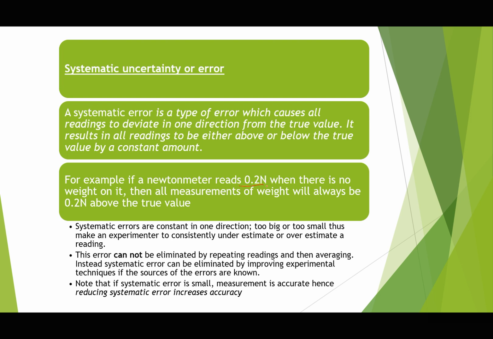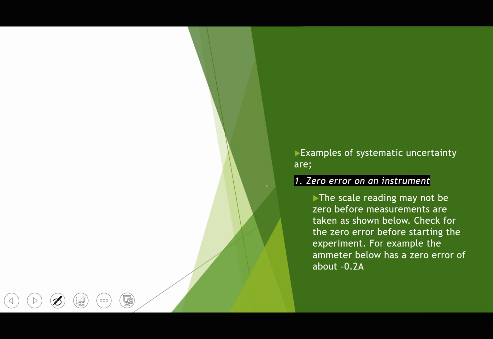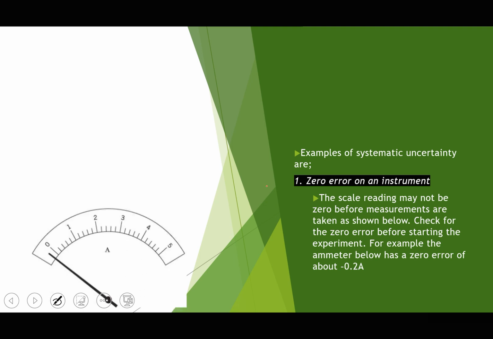So a systematic error is basically making readings to be above the true value or below the true value, but not both at the same time. There are basically three important examples of systematic errors that I want us to discuss. Number one is a zero error on an instrument. This one I've already mentioned it.